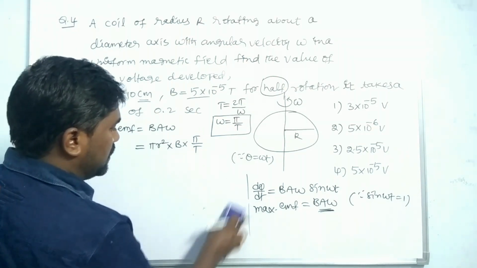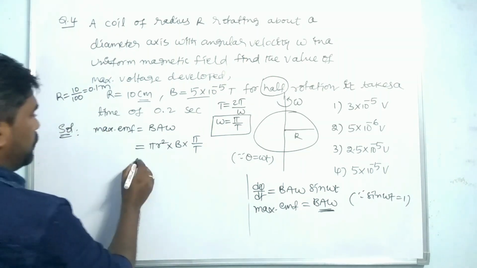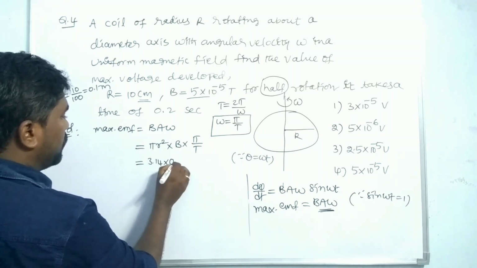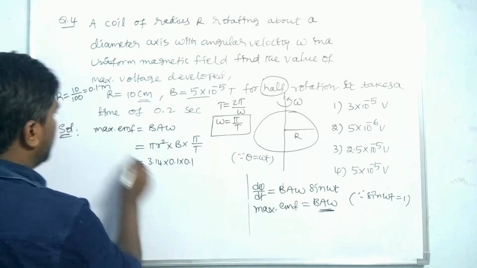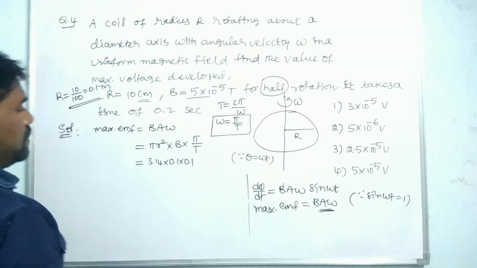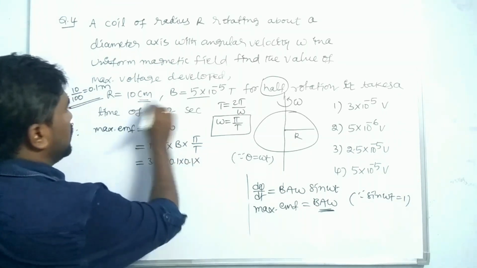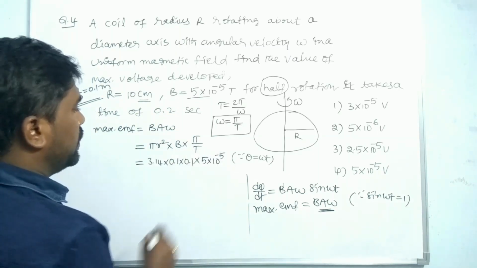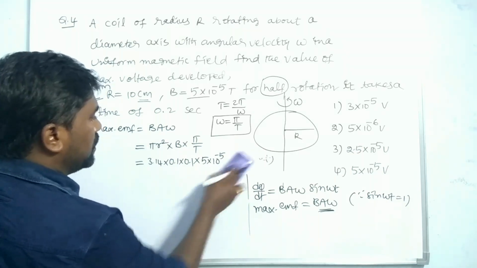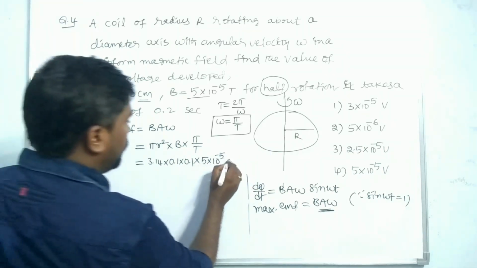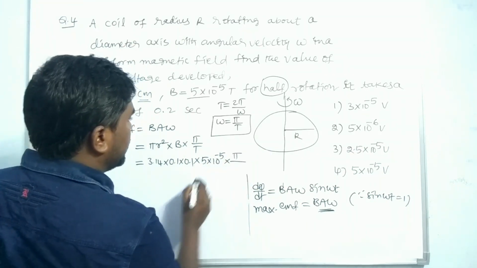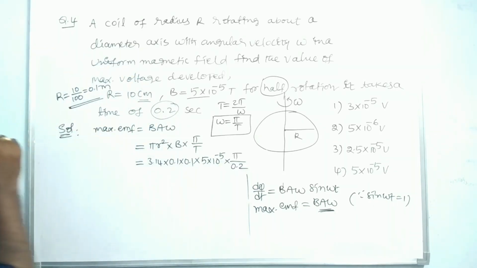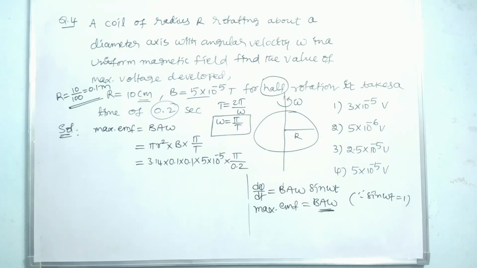We get pi as 3.14, r square as 0.1 into 0.1, into 5 into 10 to the power minus 5, into pi by t, where t is 0.2 second.